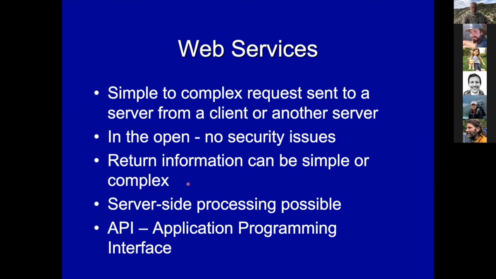It's all done out in the open without too much worry about security, and you can return whatever you want. When you go online and you put in a request and you see the URL is about 5,000 characters long with whole bunches of funny looking characters in it, that's basically using a web service. It's sending some information, requesting, and then getting information back.